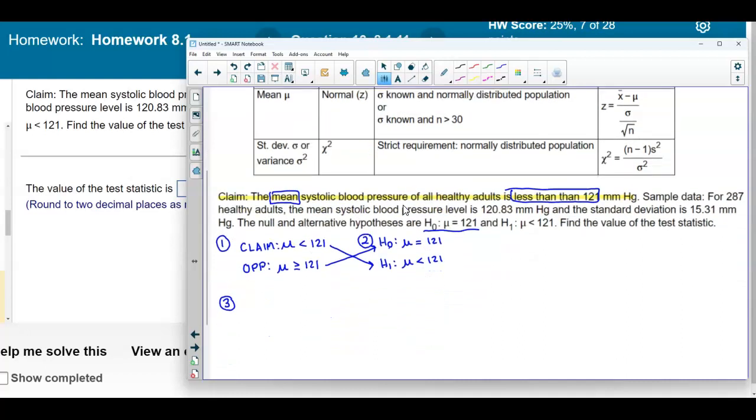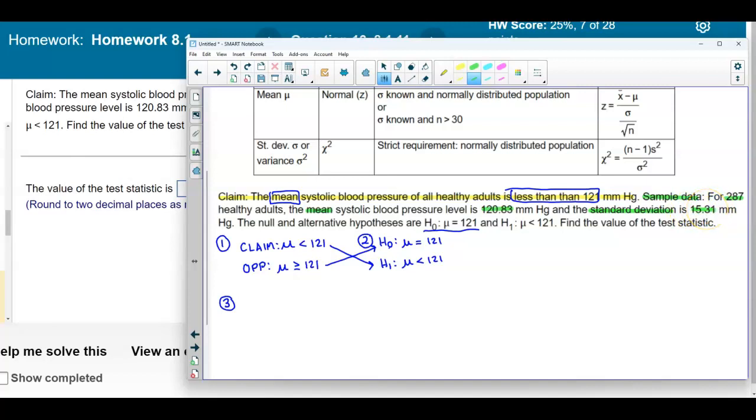Now, if you look at this problem here, we have the sample data. And so the sample data tells us that the sample size is 287, and we have the sample mean to be 120.83, and then we have the sample standard deviation, which is 15.31.